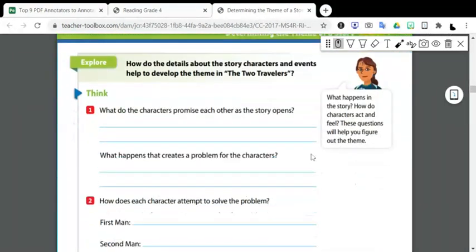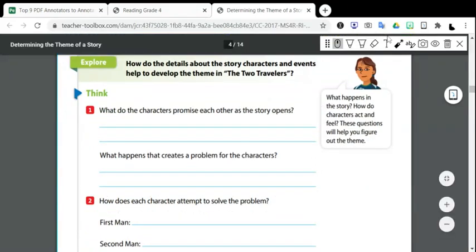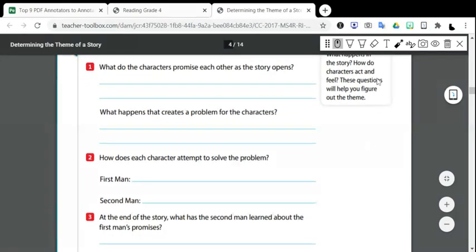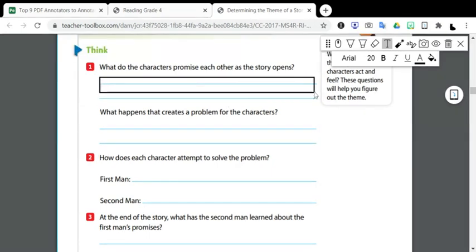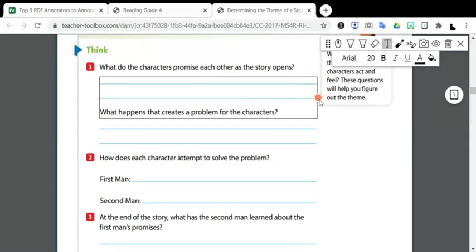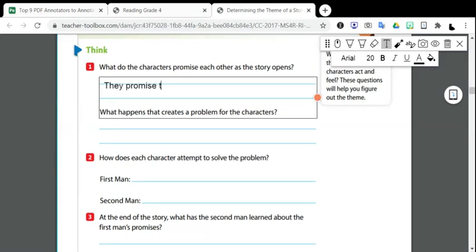So what I'm seeing is two friends. They were supposed to stay by each other till the end, but one of them left the other and abandoned him. That's how they solved the problem, and what can I learn from that? Let's go down to the bottom and fill out our chart.